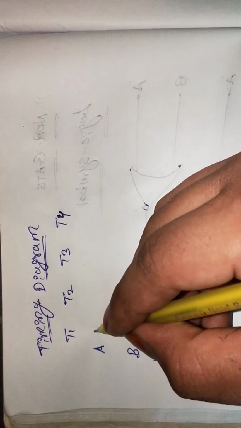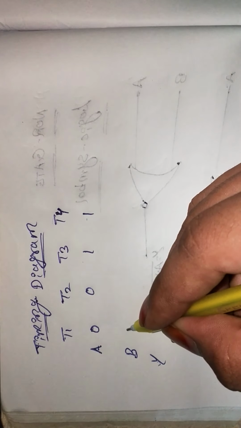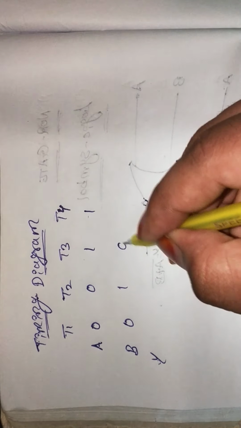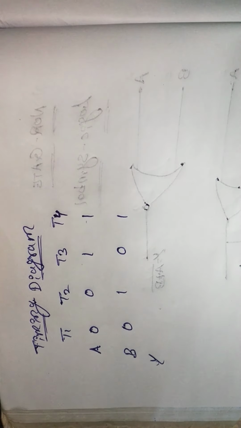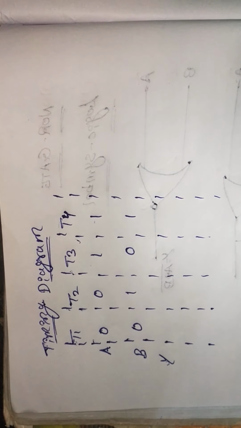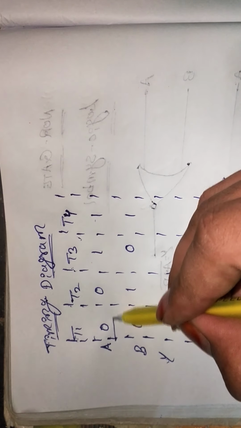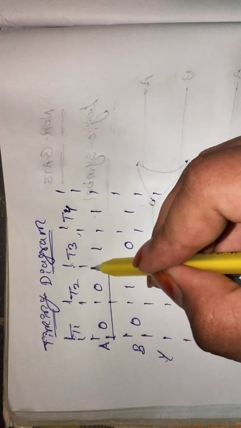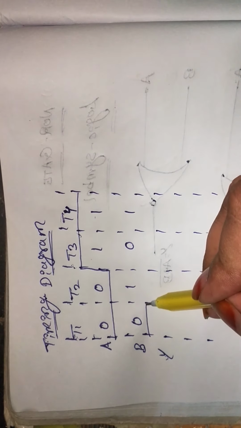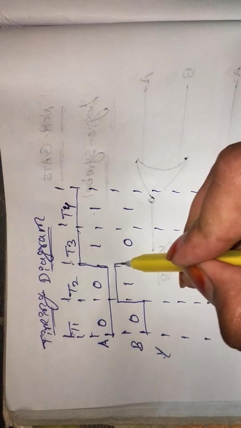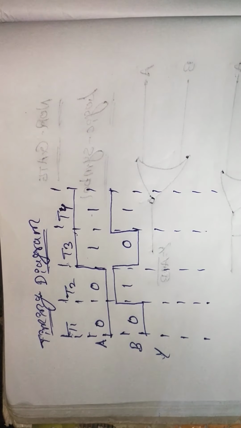A has 0 0 1 1, b has 0 1 0 1. The timing diagram becomes two low levels, two high levels for A, and low level, high level, low level, and final high level for B.